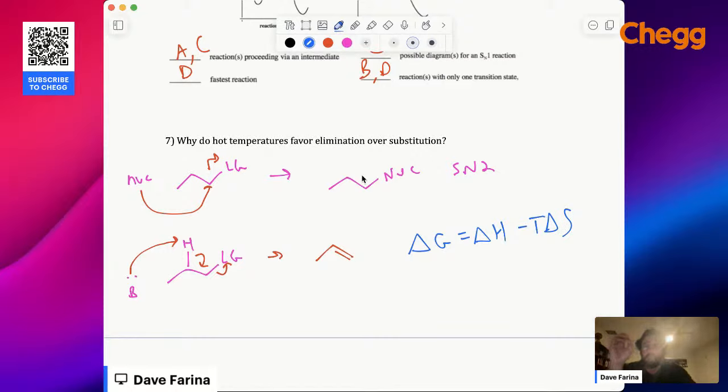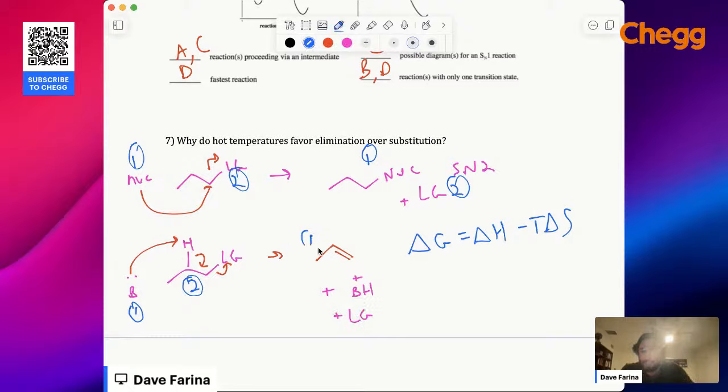Now, what can we say about the change in entropy for these? Here we have two things going to two things. For a substitution reaction, we have a nucleophile attacking a substrate, and then we have the new product and the leaving group that left. So we started with two things, and we end up with two things. Over here, we have a base and the substrate, but then we have BH+ and LG.